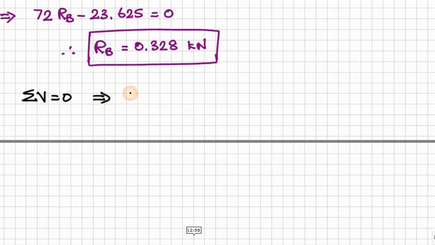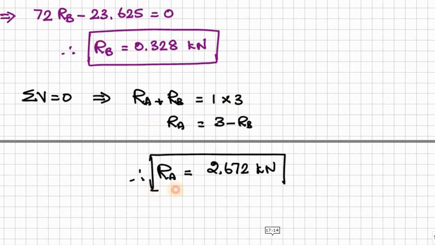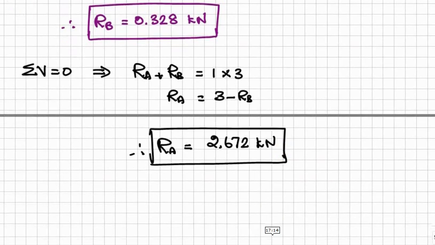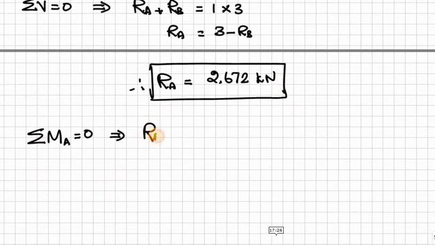So from sigma MB is equal to 0, we will get RA, which is equal to 2.67 kilonewton. From sigma MA is equal to 0, taking moment at support A, we get the value of MA.